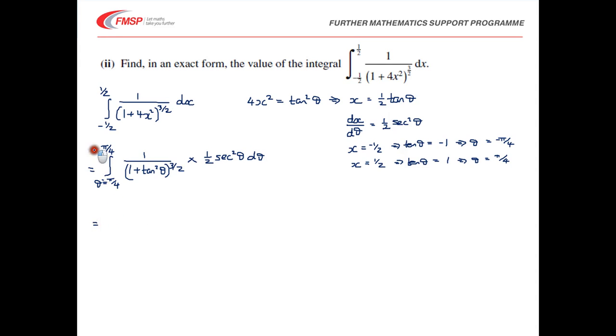Right, now I know that I'm doing my limits and everything in terms of theta. I don't need to put the thetas in on the limits anymore. And I've got sec squared theta over 2, over (1 plus tan squared, which is sec squared theta) to the 3 over 2.